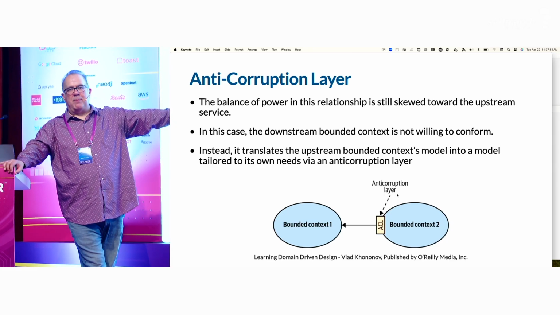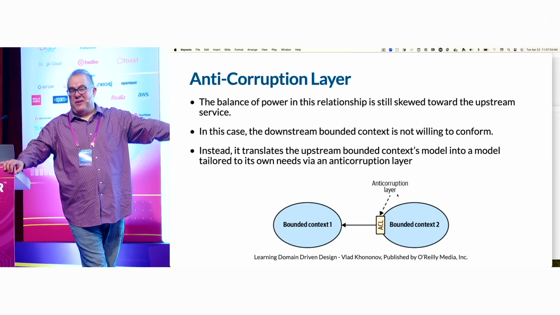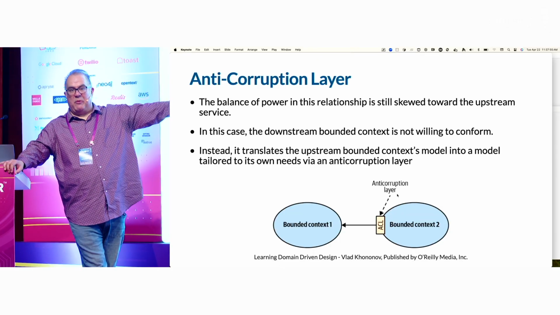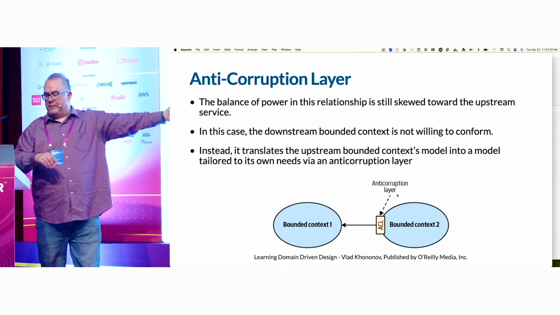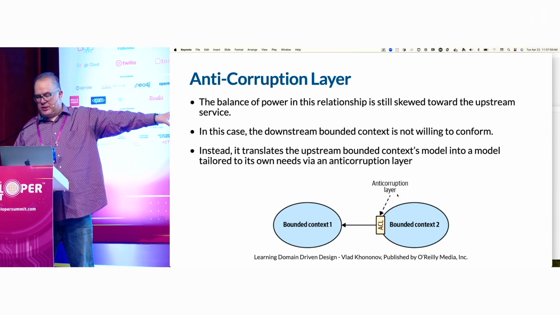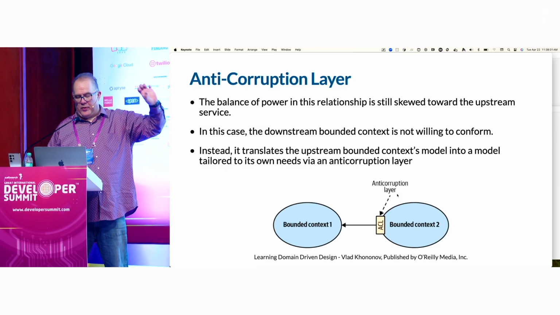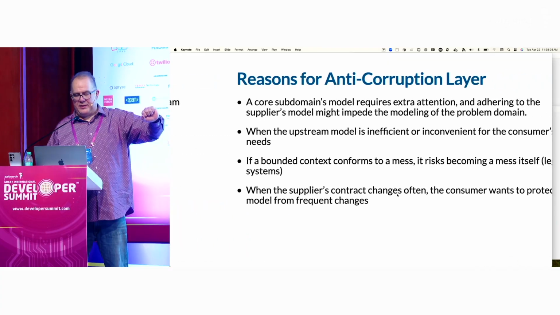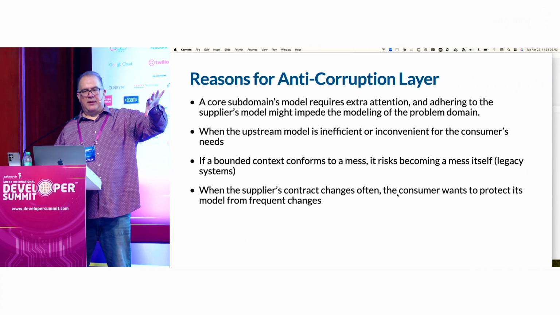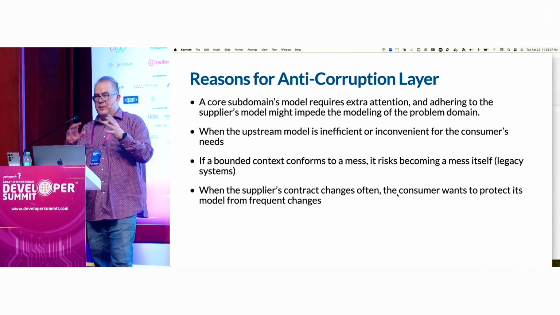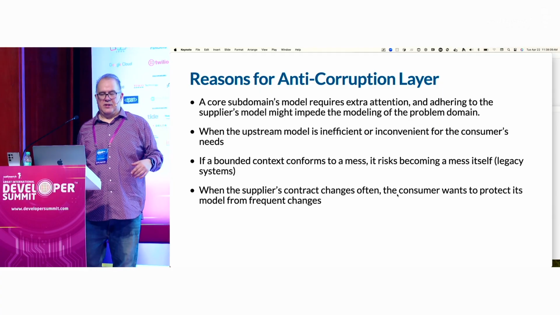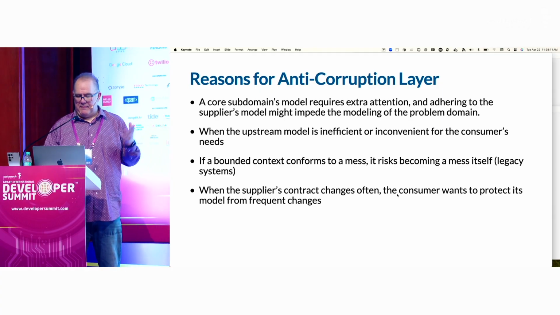If I'm getting this big payload of 100 fields and I only need 5 of them, I'm just going to get rid of all those. That's an anti-corruption layer. Okay? So, not willing to conform, but you want to change the way that's done. Tomorrow I'm going to be talking about the ports and adapters architecture, which is a nicely fitting architecture for something like this. Okay? All right.